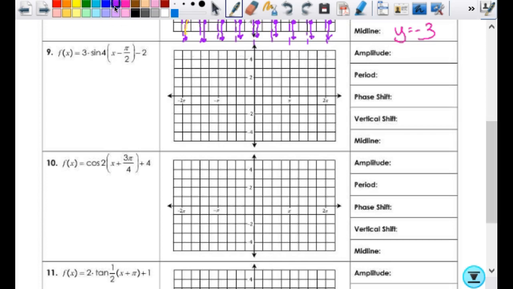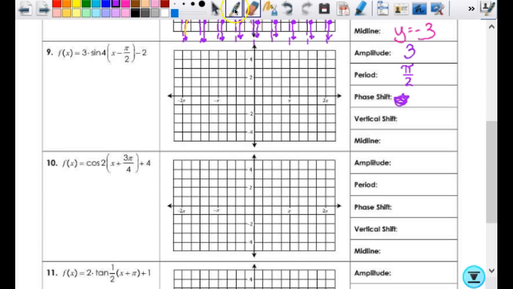What is the amplitude in 9? 3. The period is pi over 2. Okay, good. Do I have a phase shift? Right pi halves. Oh, that doesn't even look like a right. Right pi halves. Oh my goodness, come on.